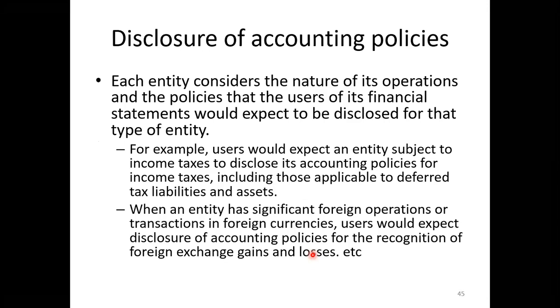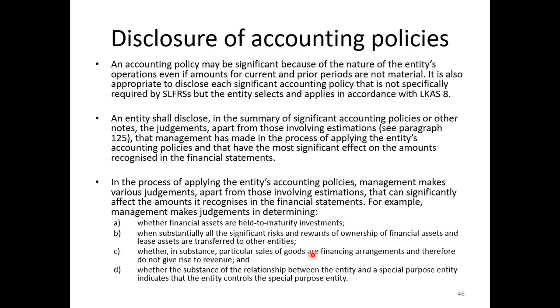For example, users would expect an entity subject to income taxes to disclose its accounting policies for income taxes, including those applicable to deferred tax liabilities and assets. When an entity has significant foreign operations or transactions in foreign currencies, users would expect disclosure of accounting policies for recognition of foreign exchange gains and losses, etc.